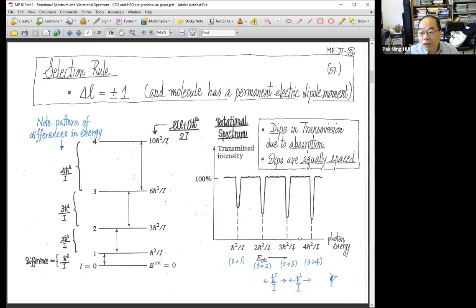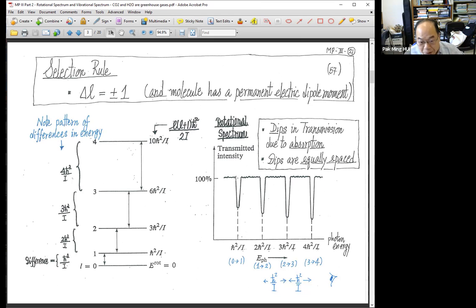So the rotational spectrum is expected to show a series of equally spaced lines. This is a transmitted intensity, meaning you shine microwave frequency, a bunch of different frequency range into it, and then look for what is missing, what frequency becomes less intense after the EM wave goes through the sample.